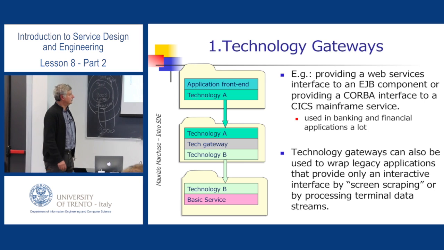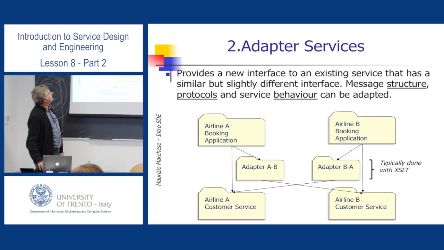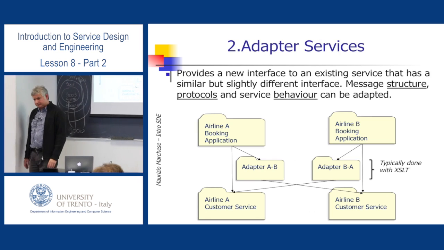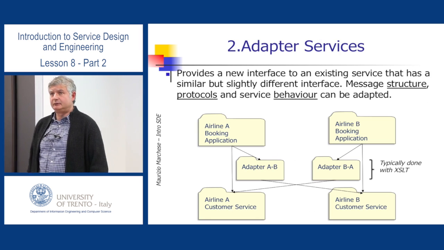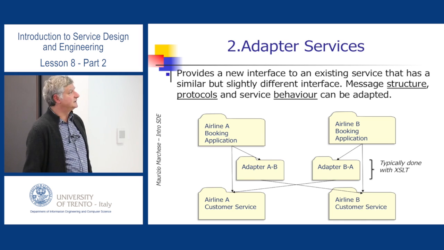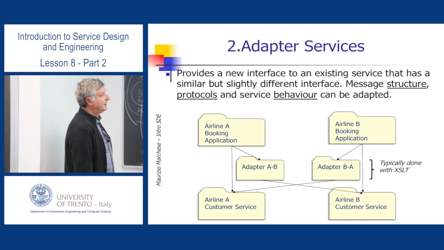That's a simple one. You can always think of it also as data, but the ones related to data are normally called adapter services, and they are also very common.